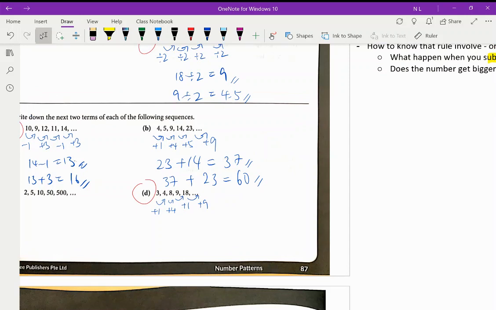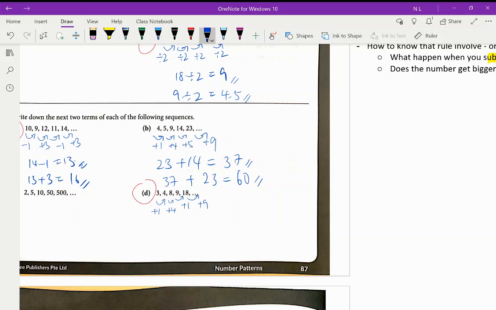For the second to the third term, I'm adding the same number as the second term. And for the fourth term to the fifth term, I'm adding back 9, which is the fourth term.